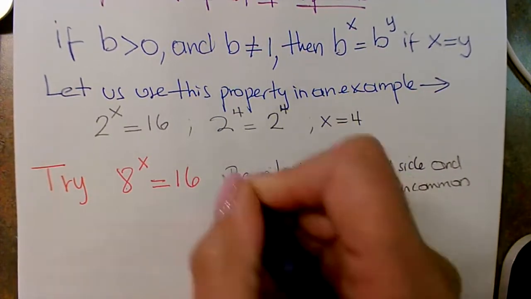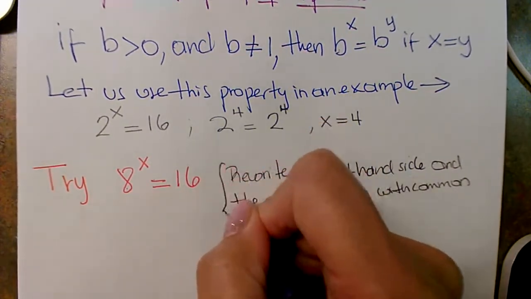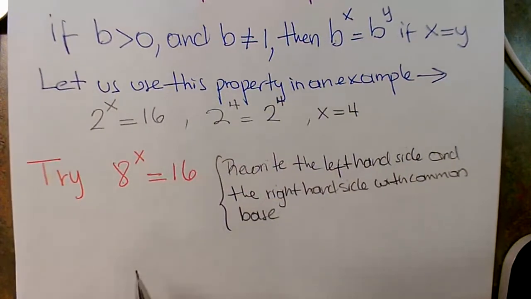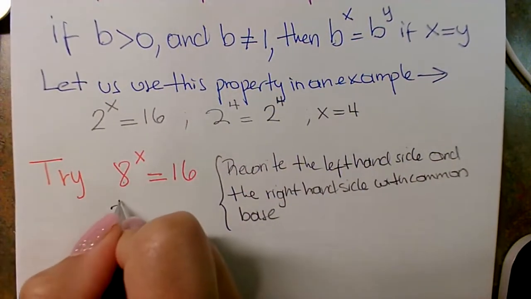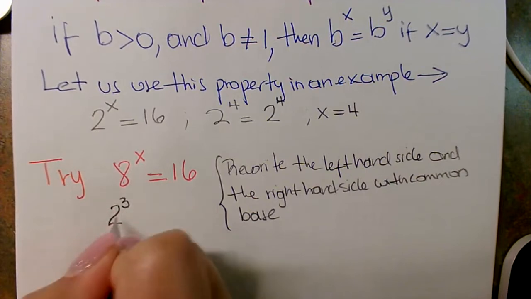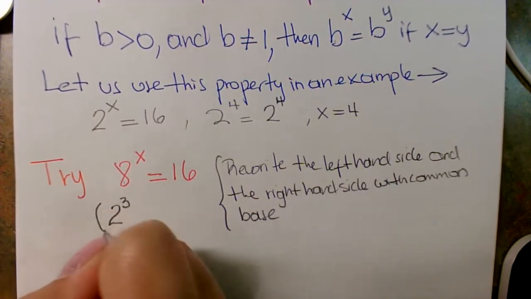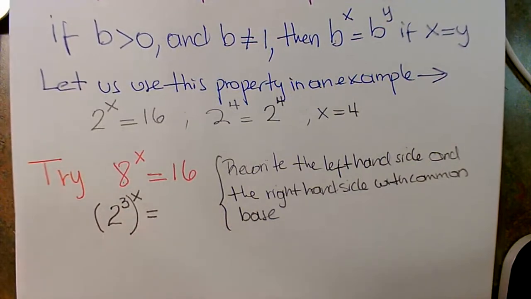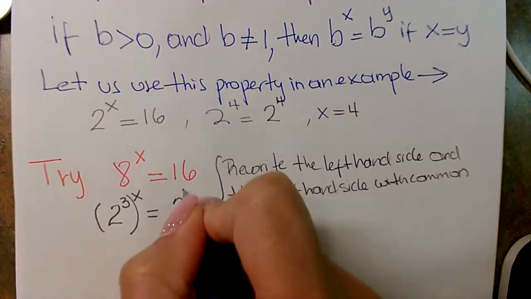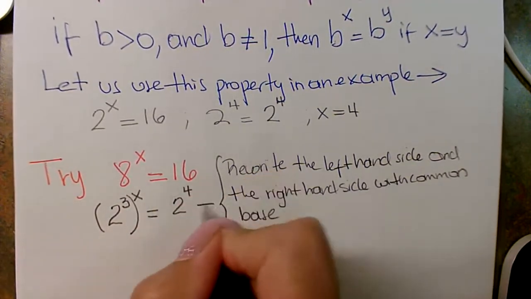That's what we need to do first, okay? So in order to do that, 2 to the third power would be 8, right? Now let's get the x there. And the 16, we know we could do 2 to the fourth power.